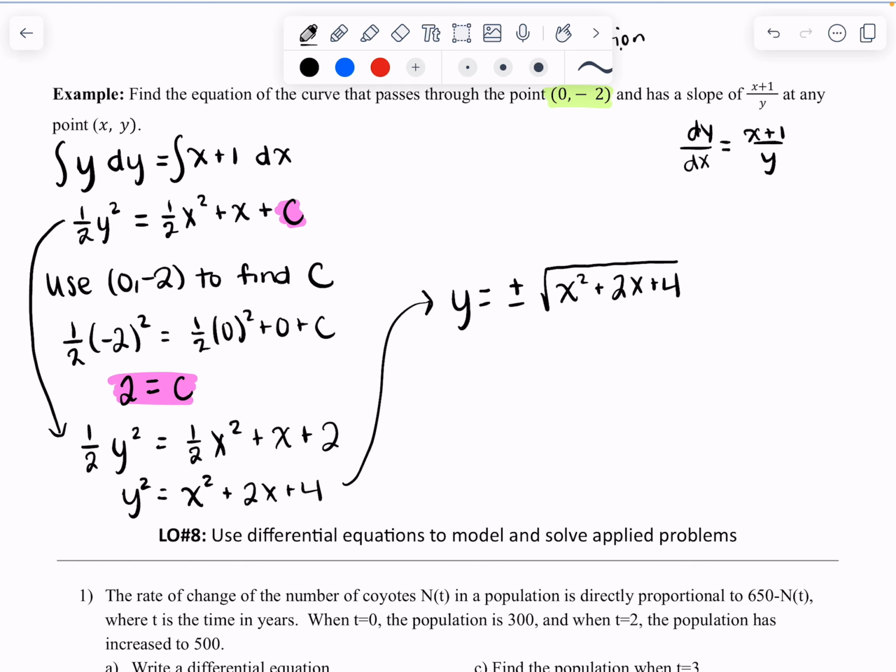Okay, here, if we plug in 0 to x, we need to get -2 out. And so the only way to get negative would be if we choose the negative solution. And so our answer is this one.